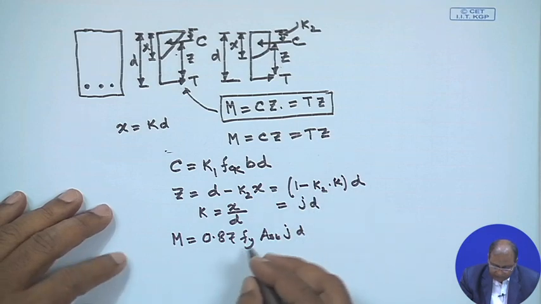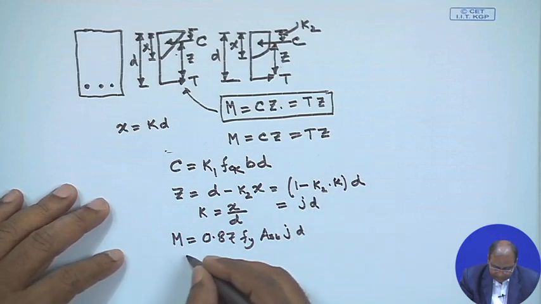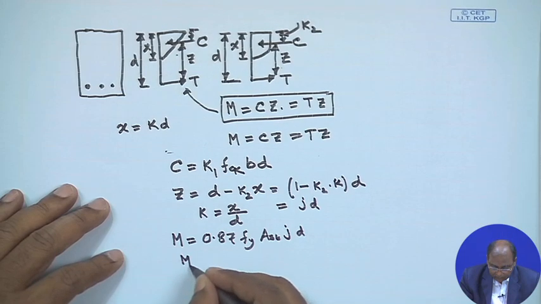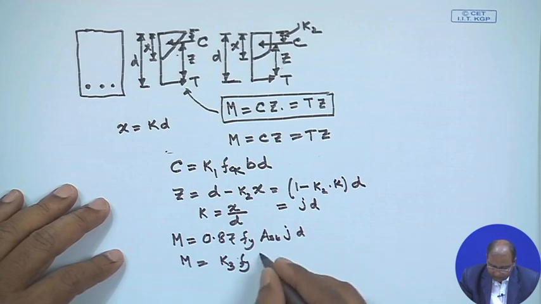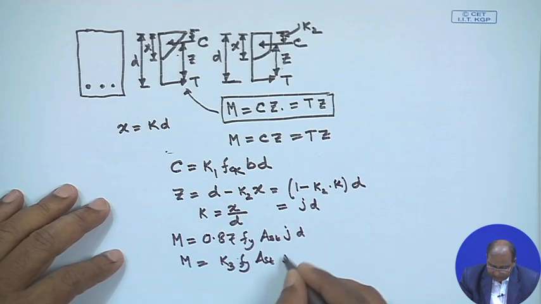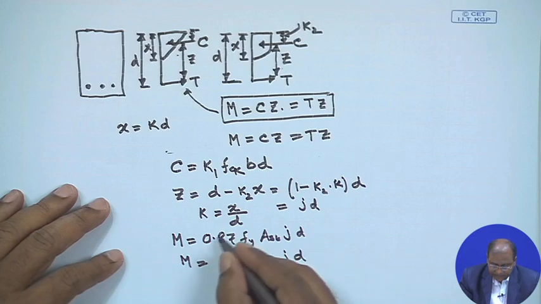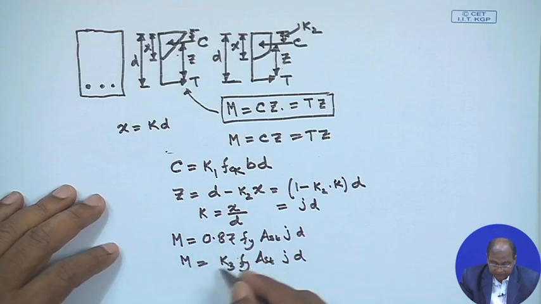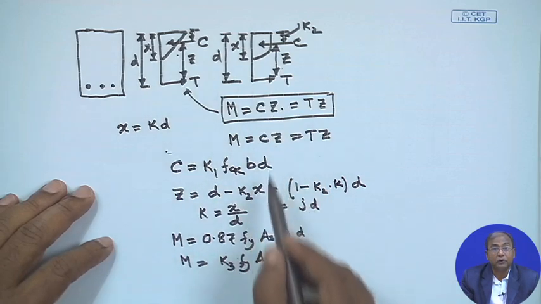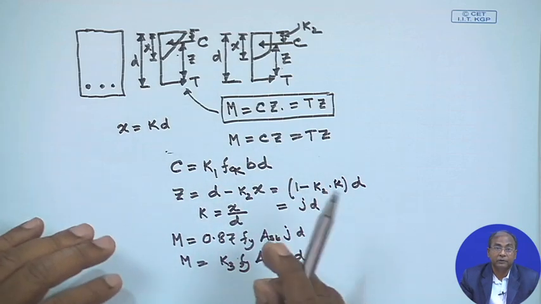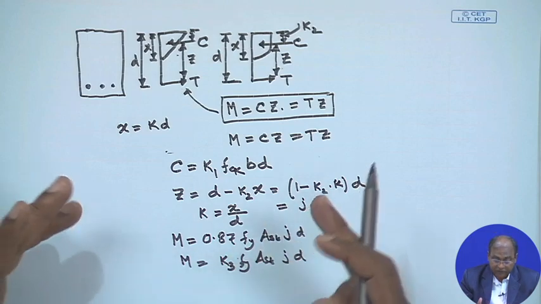So, then I can say that M equal to K3 Fy Ast Jd. This K3 means whatever value we can consider. That means I can always say that parameter, and on the basis of that we can solve.